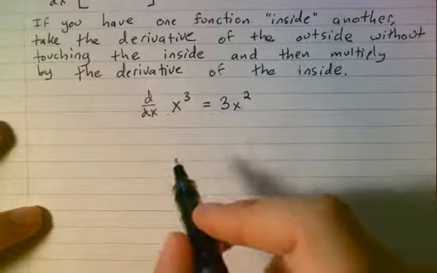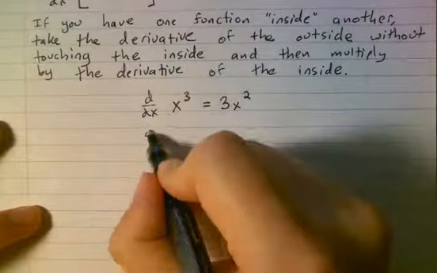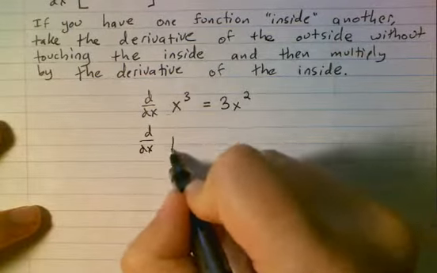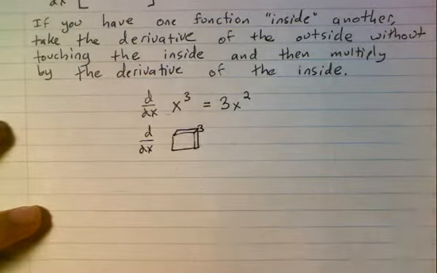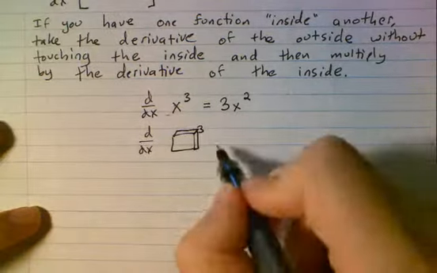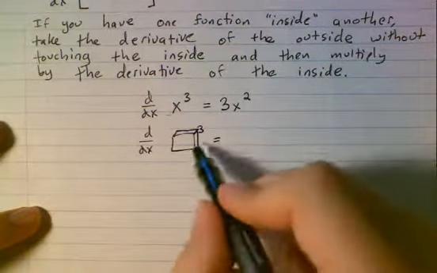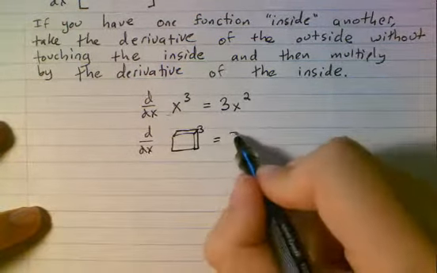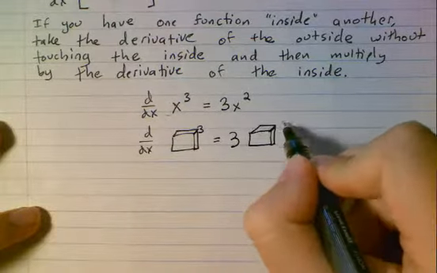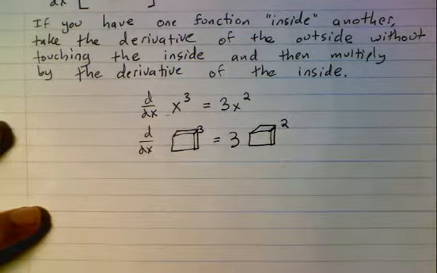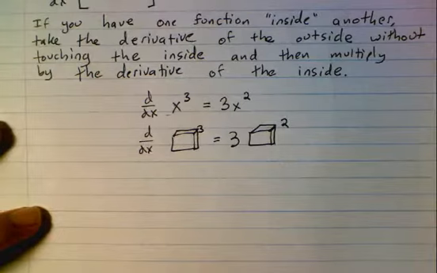So this is really the same as saying the derivative of something to the third power, let's make that a little box to the third power. Whatever that something is, we bring down the exponent, keep whatever's in the box, and subtract 1 from the exponent.